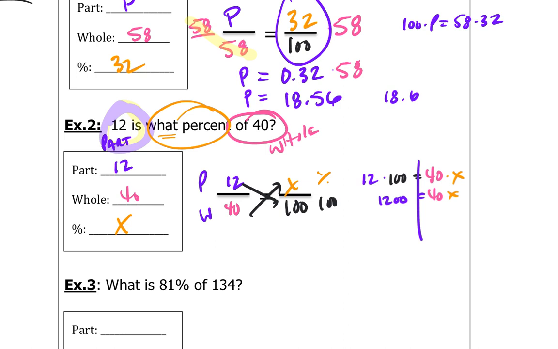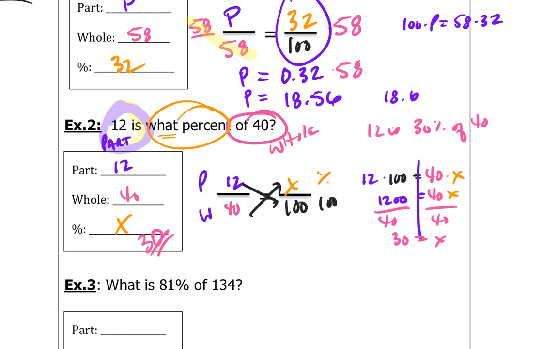So we're going to divide both sides by 40 to get the x by itself. We wind up with x equals 30. So our answer is 12 is 30% of 40. That's pretty much what you're trying to do.